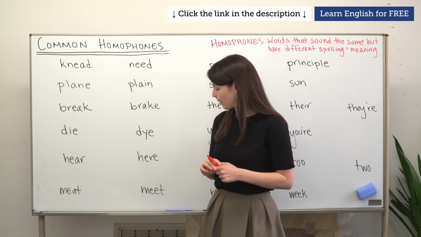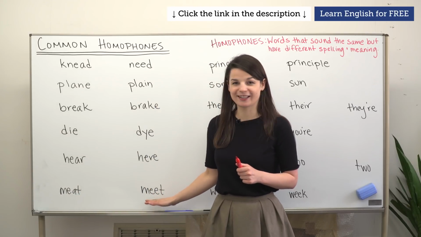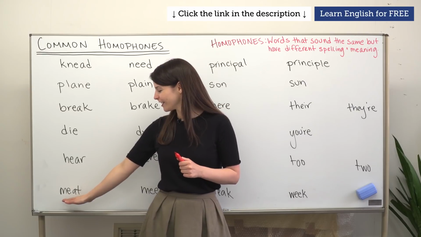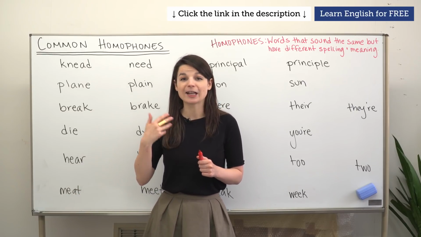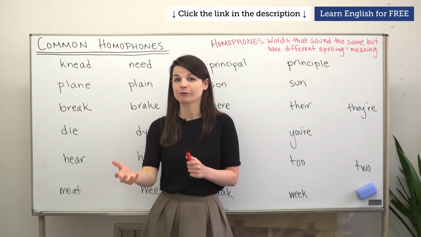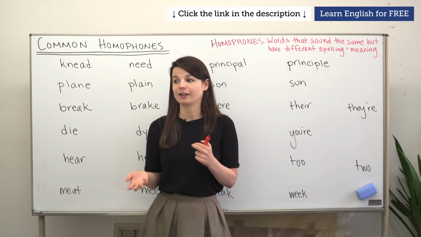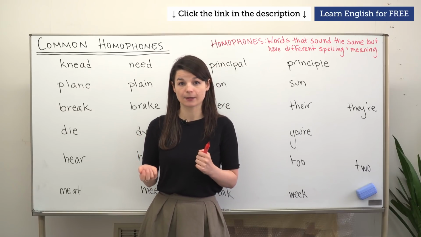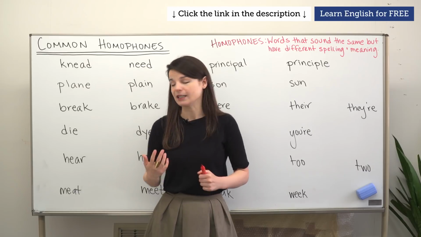Okay, next pair is the word meat and meet. So meat over here is M-E-A-T, so meaning an edible food product that comes from animals. So pig meat, cow meat, chicken meat. So the animal product that we can eat that comes from the animal's maybe body parts is meat.